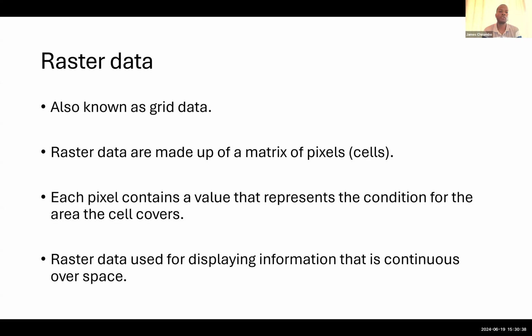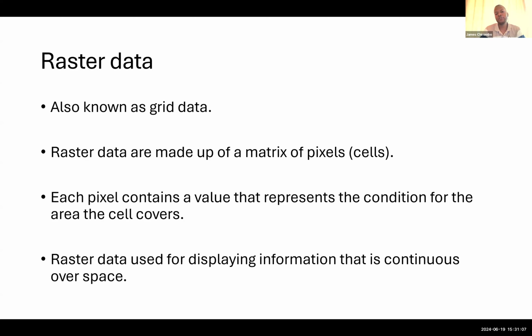An example of continuous data could be elevation or even humidity or temperature over space. The entire geographical space will have associated with it some measure of humidity. So you can have raster data to represent the entirety of that space with the attribute of interest.